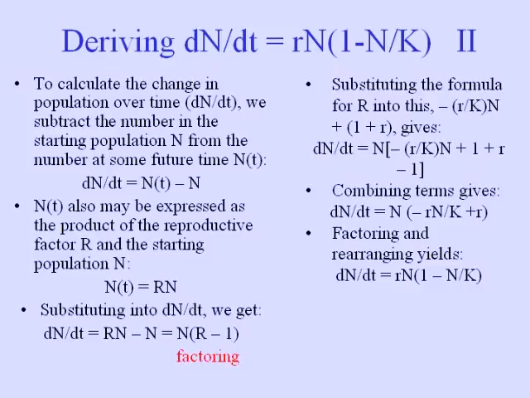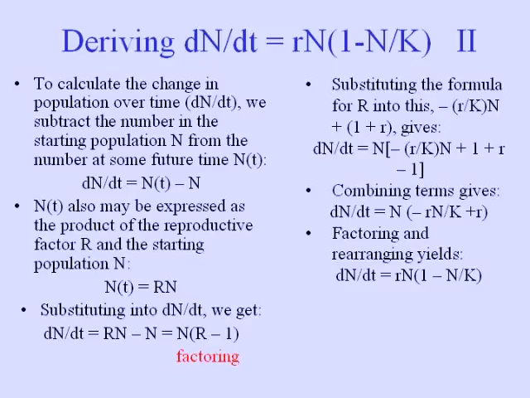And so this gives us dN over dt, change in numbers over time, equals N times minus r over K, the slope of the line. Remember, it's negative because the line slopes downward, times N plus 1 plus lowercase r, intrinsic rate of increase, minus 1.